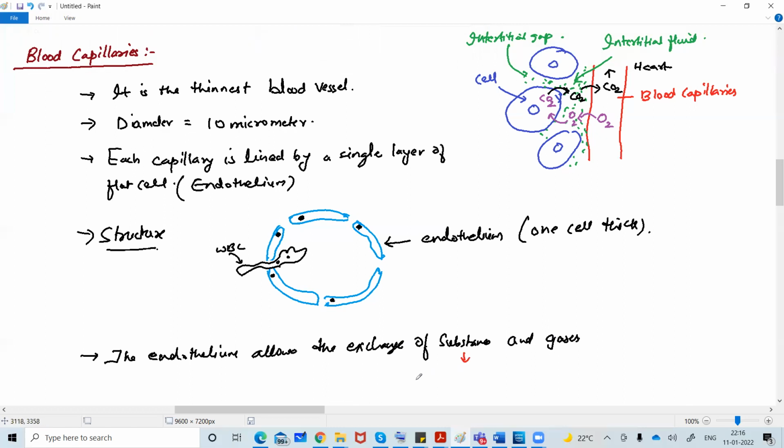When we say substances, the meaning is salts, minerals, ions, amino acids, glucose, fats. All these things are going to get exchanged between blood capillary and the cells. And by gases, we mean respiratory gases. An example is CO2 and oxygen.